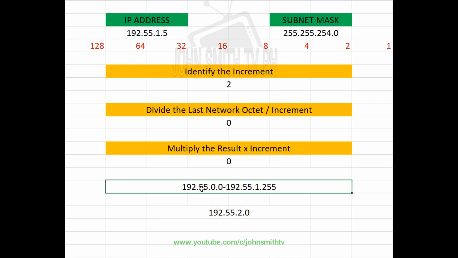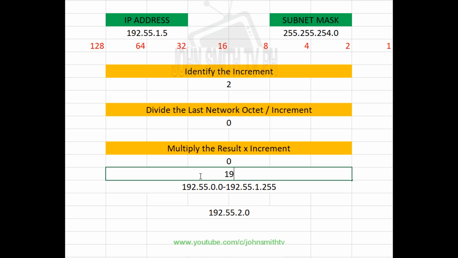So 192.55.0.0 minus 2 is 192. Since 0 minus 2 cannot be, so magbabaro tayo dito and it is still 0, so magbabaro ulit tayo sa 55, so that 54.255.256 minus 2 is 254.